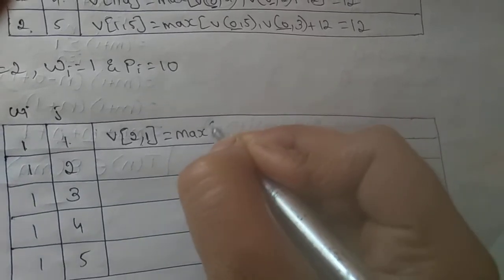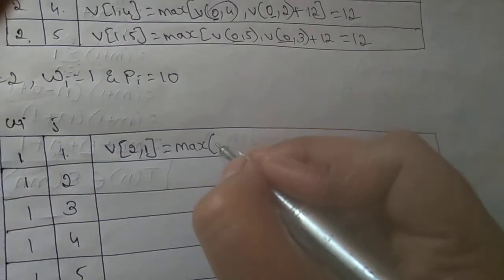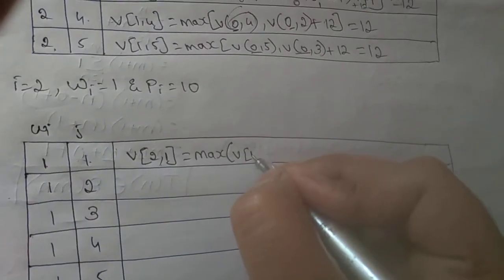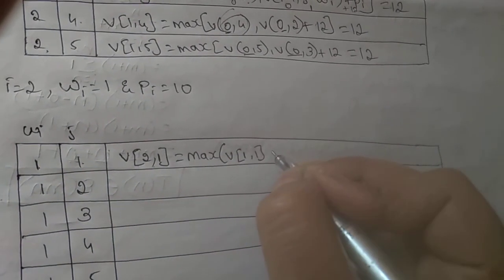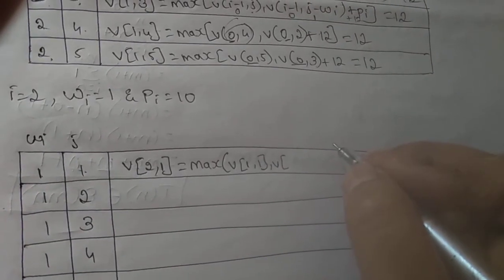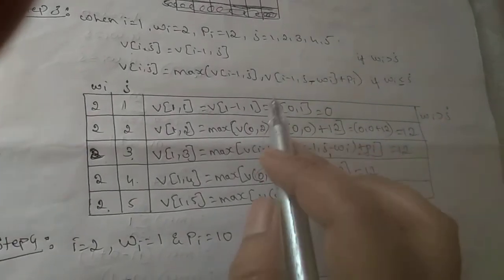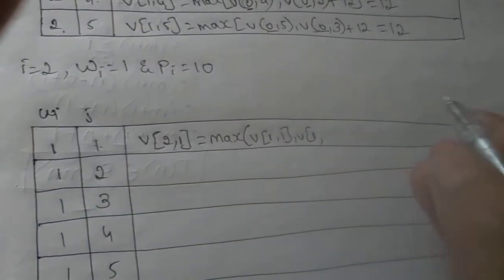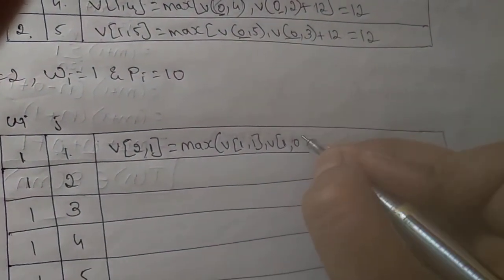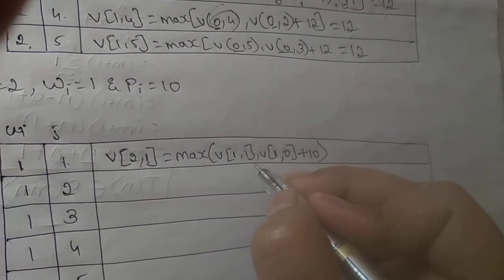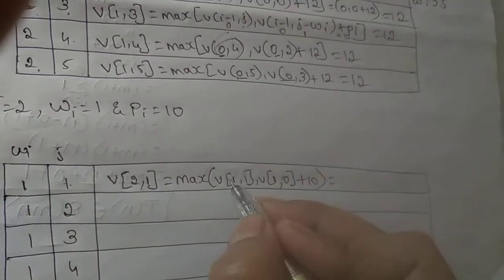So max of v of i minus 1 comma j, i minus 1 means 2 minus 1, 1, j is 1 comma, v of i minus 1, that is 1, then j minus wi, 1 minus 1 is 0, plus profit 10.